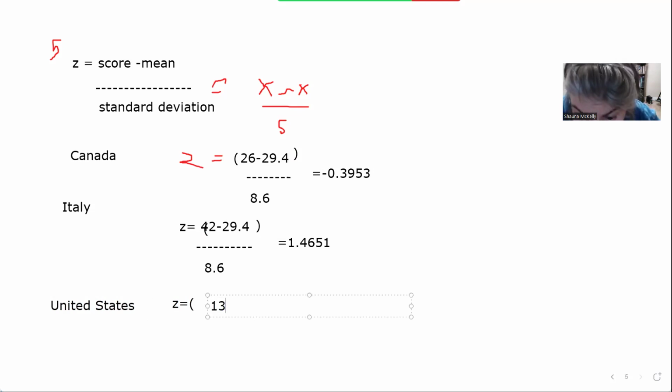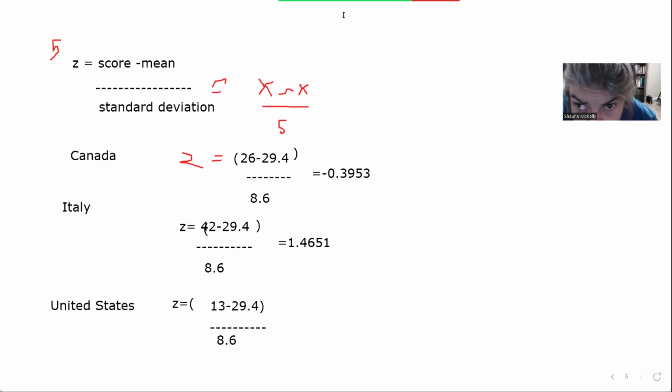So you have 13 minus 29.4, and you're going to divide that by 8.6. Okay. So again, we would expect this to be negative because it's below the average for most countries. So let's do this calculation so we can finish the problem here.